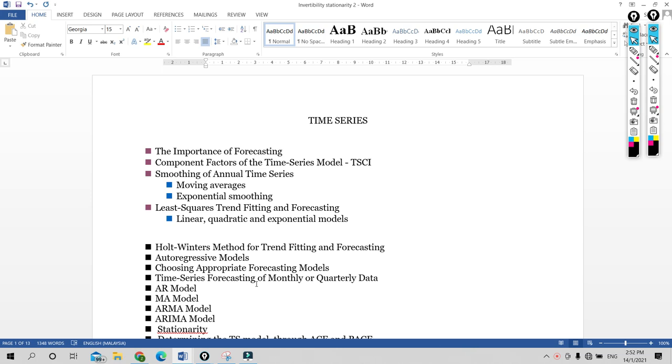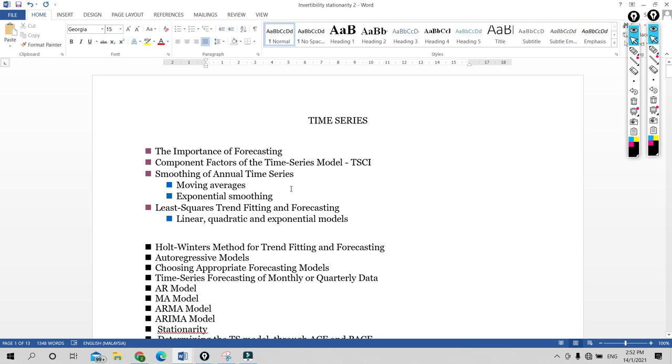For this lesson, I want to discuss the revision of the previous 13 weeks of lectures. In the previous 13-week lectures, we discussed the importance of forecasting. Then we discussed the component factors of the time series model, T S C I: T is trend, S is seasonal, C is cyclical, and I is irregular or random.